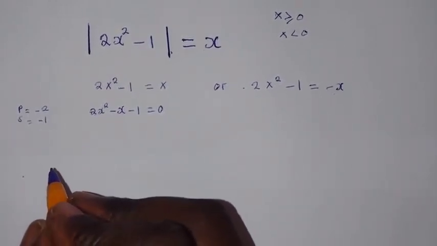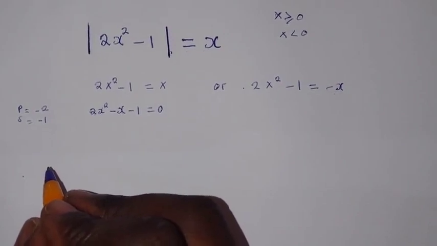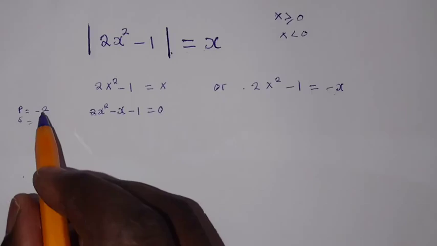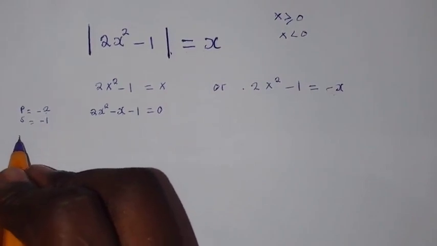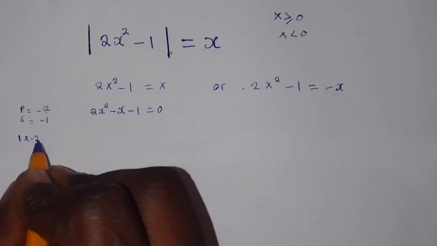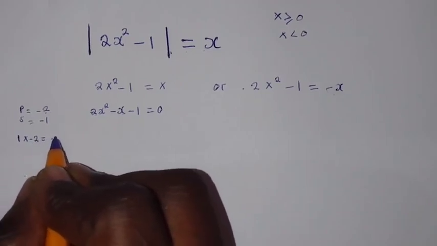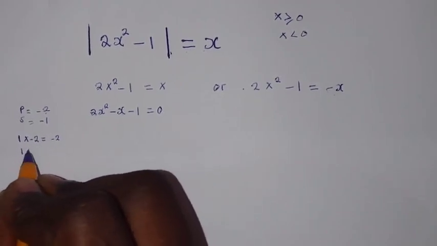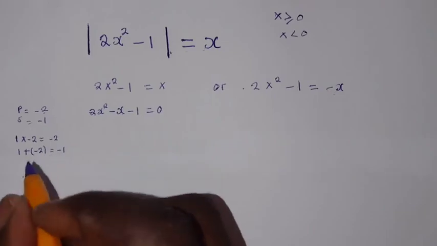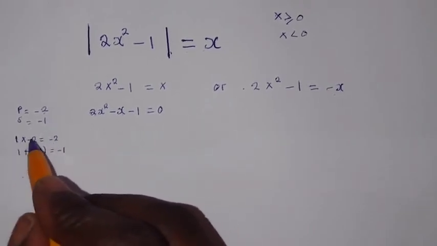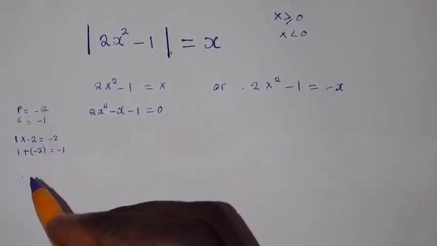So we need two factors such that when we multiply them we get negative 2, and when we add them we get negative 1. Those two numbers are 1 and negative 2: 1 times negative 2 is negative 2, and 1 plus negative 2 is negative 1.